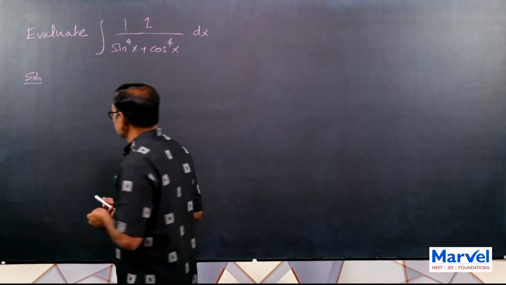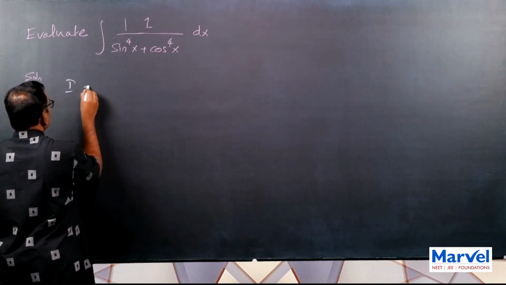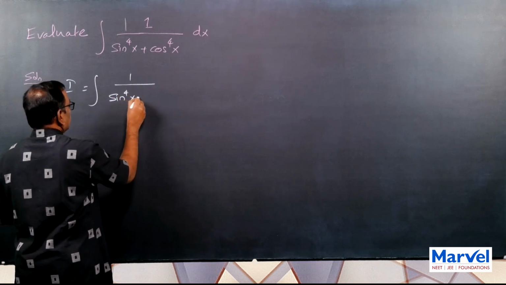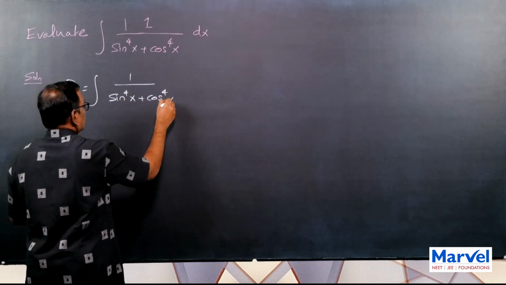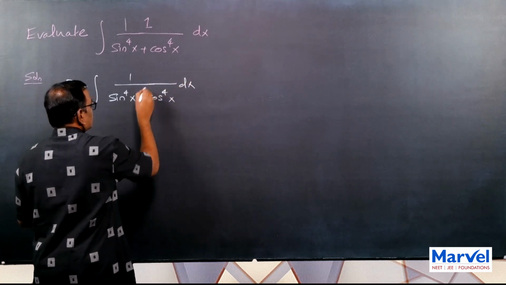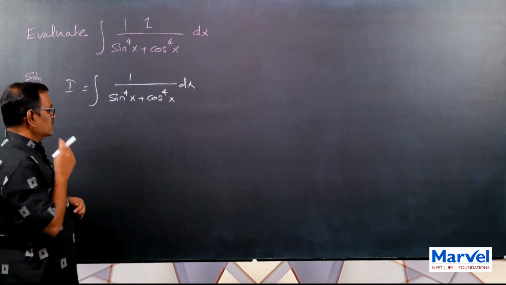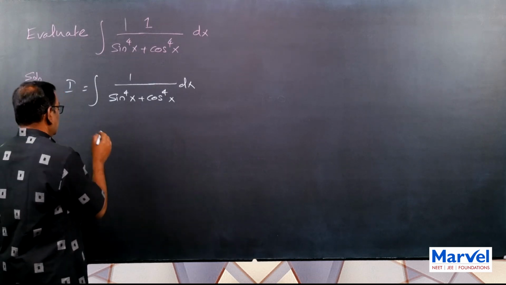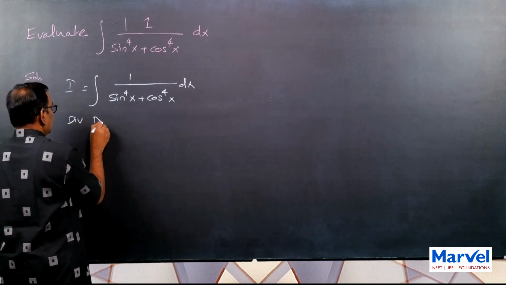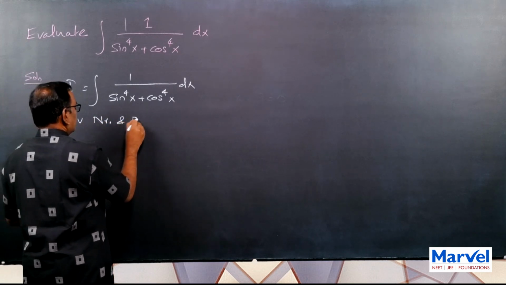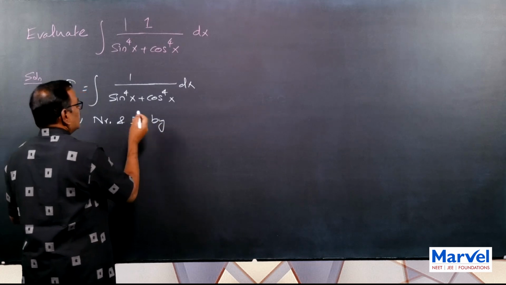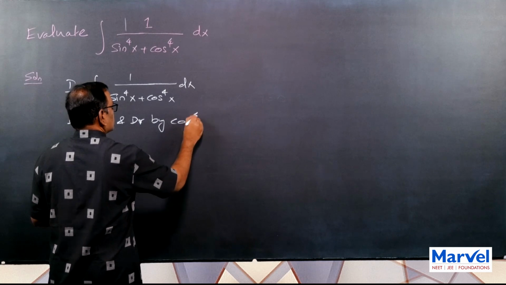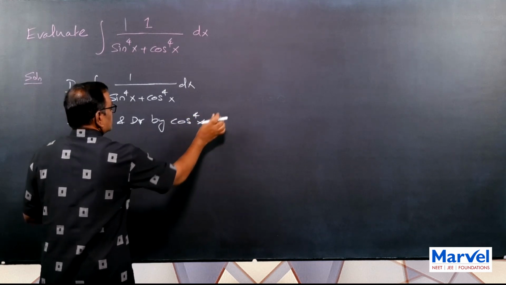First, let I equal to 1 by sin power 4x plus cos power 4x dx. Now divide numerator and denominator by the highest power, cos power 4x.